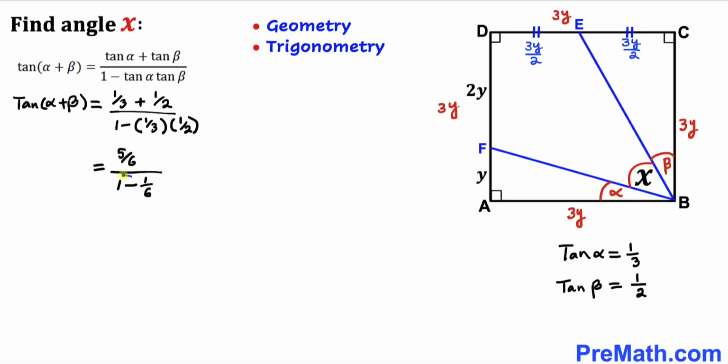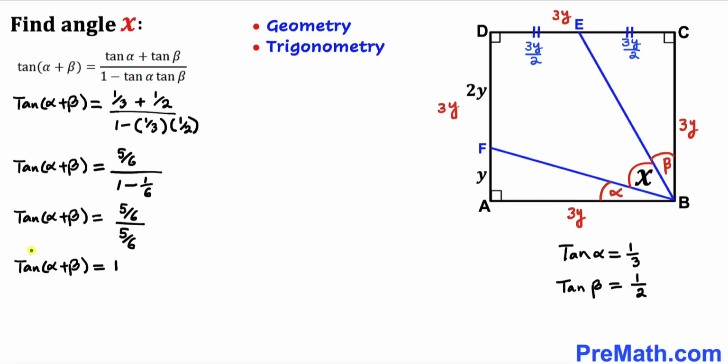Now let's focus on this denominator part. Here I have copied it down, and I replace 1 by 6 divided by 6. If we simplify everything, this turns out to be 5 divided by 6. So I'm going to replace this whole denominator by 5 divided by 6. And now this is going to give us simply 1. Therefore tangent of alpha plus beta turns out to be equal to 1.